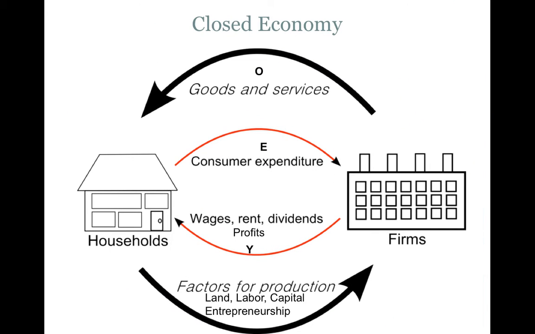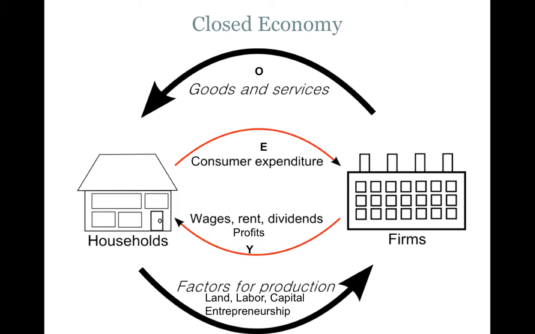So here you can see in a closed economy, we have basically two entities. We have households and we have firms. You look at the black arrows, those represent real flows. The red lines are monetary flows. In any economy, consumers spend money.